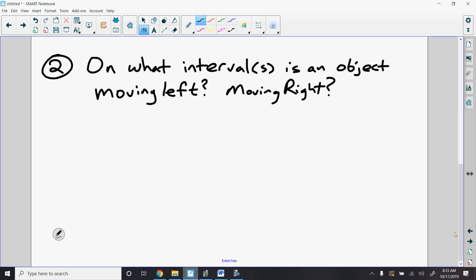Remember yesterday when we had a negative velocity? I said that means the object is moving left at that speed. If we had a positive velocity, our object was moving right. So if an object is moving left, that object is going to have a negative velocity.